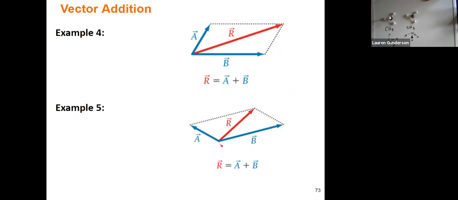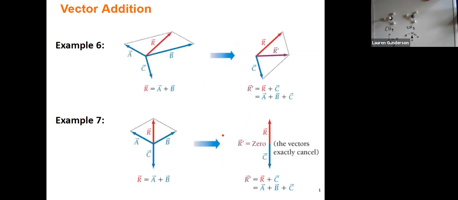Okay, if we're summing up vector A and vector B here, you see how it's a little bit closer. If we're summing up multiple vectors, we're going to do it piecemeal. Start by summing up A and B, and you'll get a vector from those two.